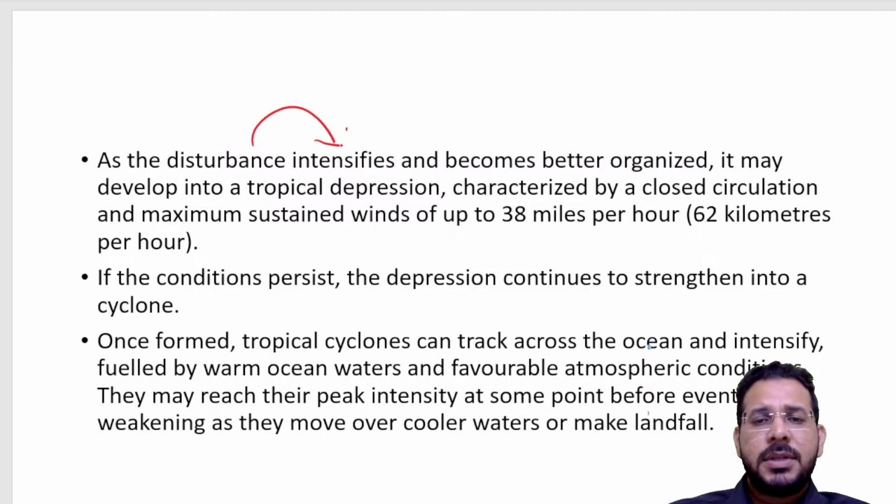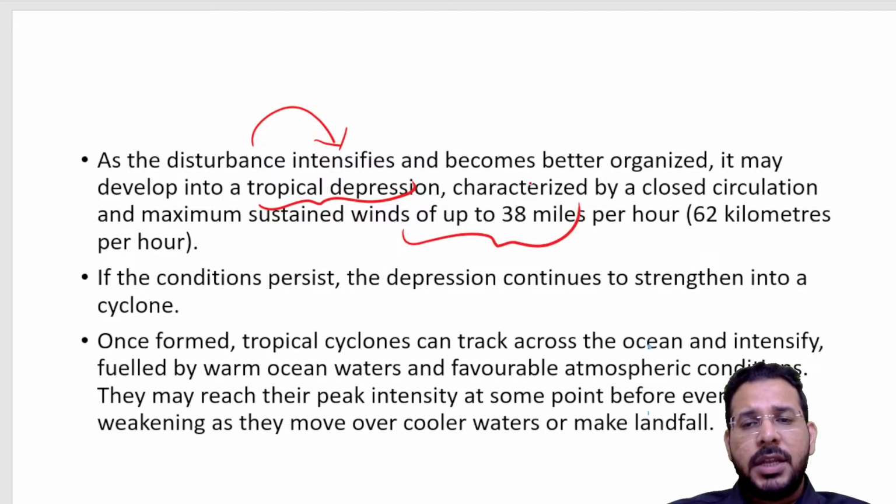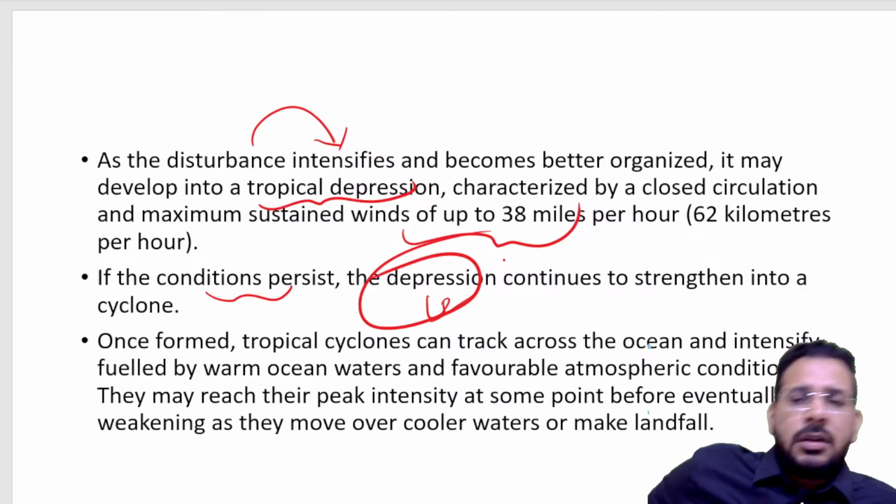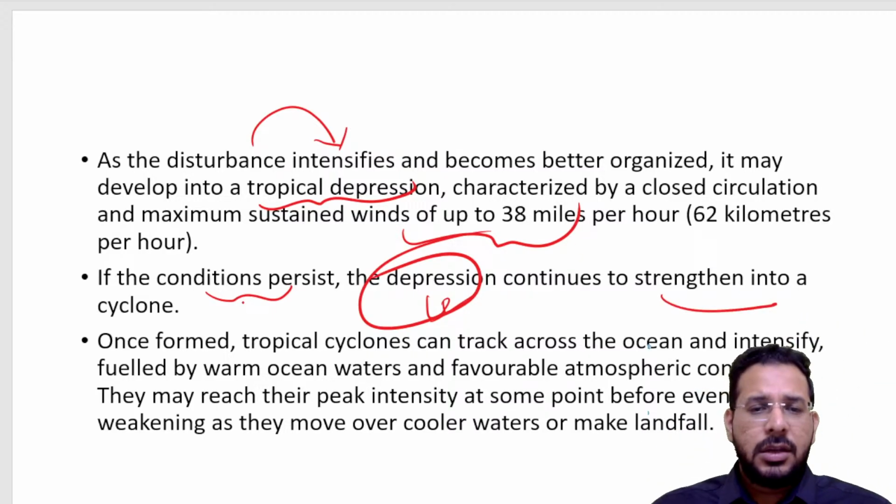When this disturbance is intensifying and gets better organized, it will develop into a tropical depression, where we have winds up to 38 miles per hour, etc. Now if this tropical depression continues further, this depression, depression means low pressure only, will strengthen into a cyclone.